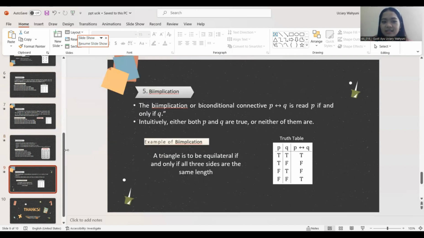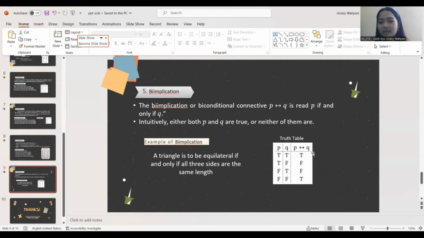Okay, next. This is the last but not least, biimplication. The biimplication, or biconditional connective, is P if and only if Q. Intuitively, either both P and Q are true or neither of them is. Okay, guys, I'm sorry. Biimplication also has a truth table here.